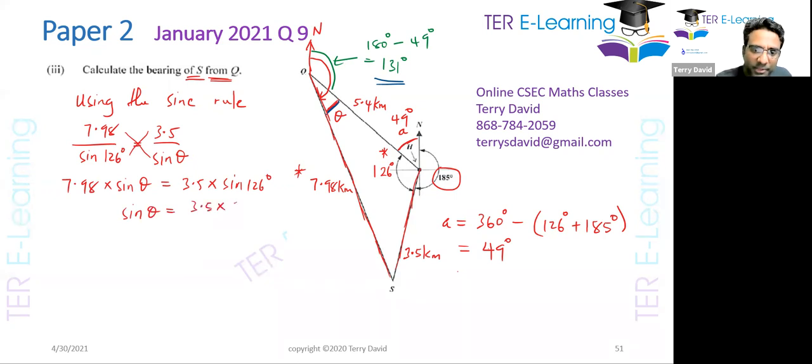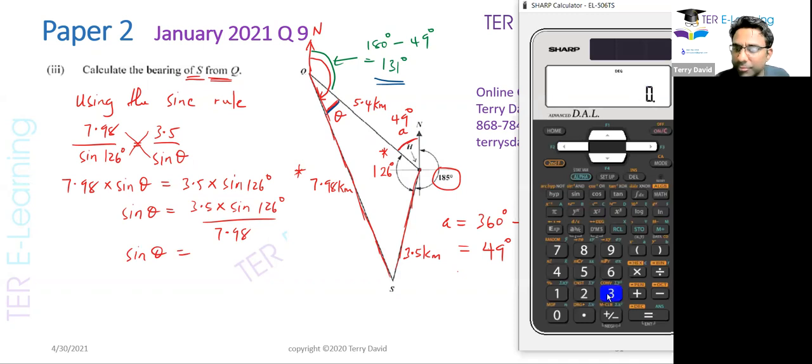So 3.5 multiplied by sine 126 degrees divided by 7.98, and what we're going to get is 0.355.